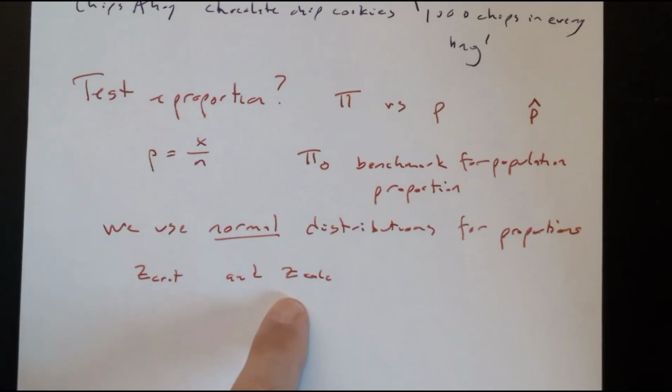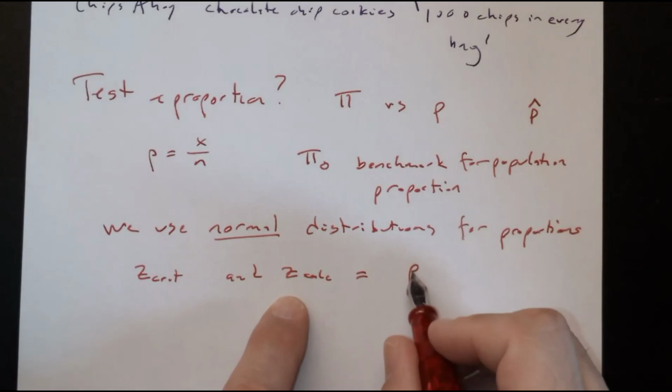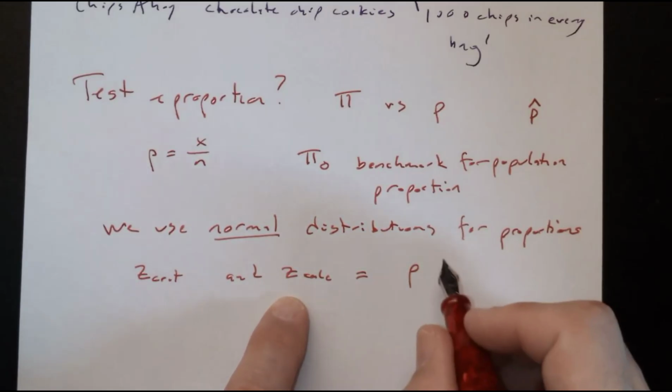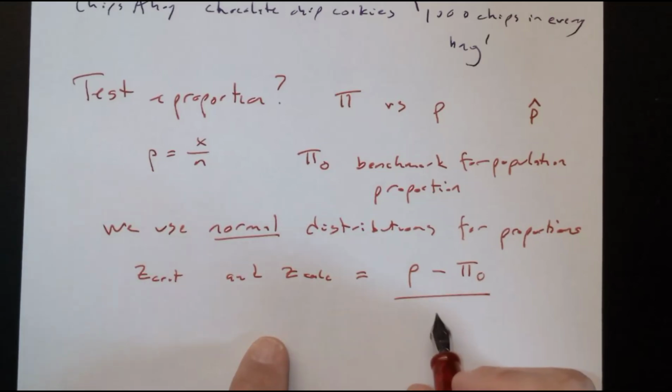My Z calc is going to be my sample proportion minus my benchmark. And then I have to divide by the standard error for a proportion.